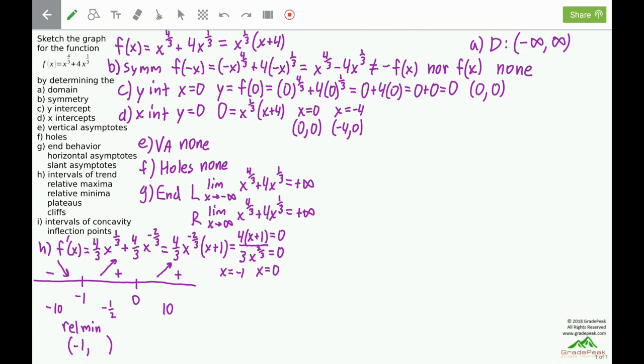We have a corresponding y-coordinate that can be found by plugging the x-coordinate back into the original function. So y equals f of negative 1. The best place to plug in for the y-coordinates is the factored version. It's a little easier to work the numbers there. So that will give us negative 1 to the 1/3 power times negative 1 plus 4.